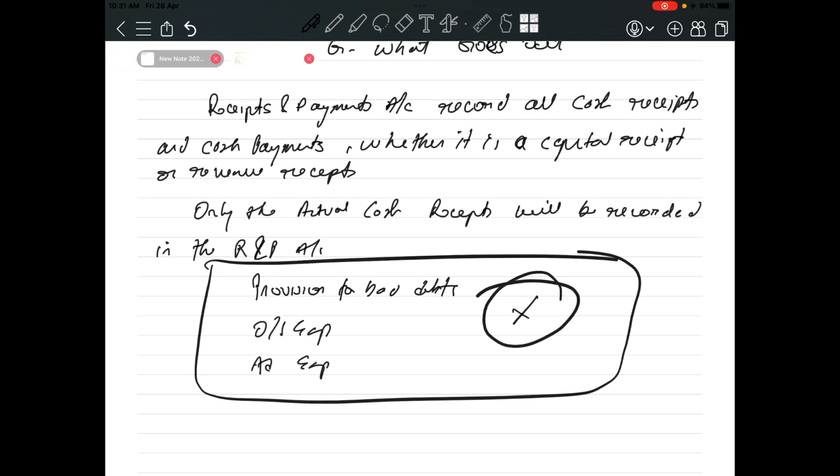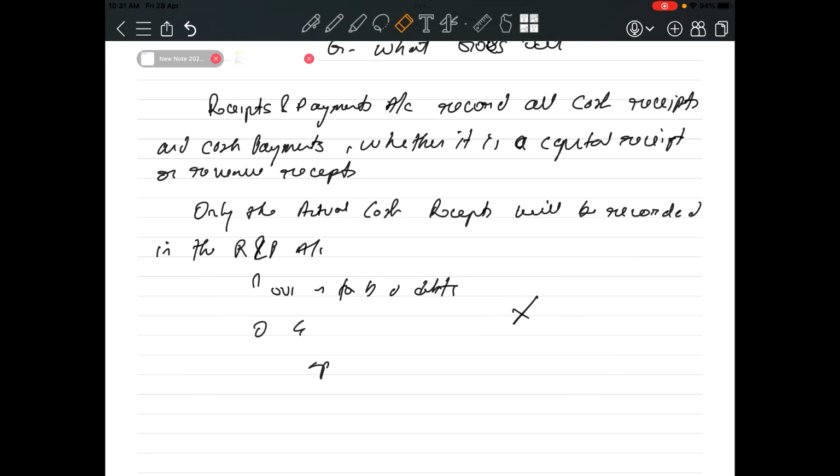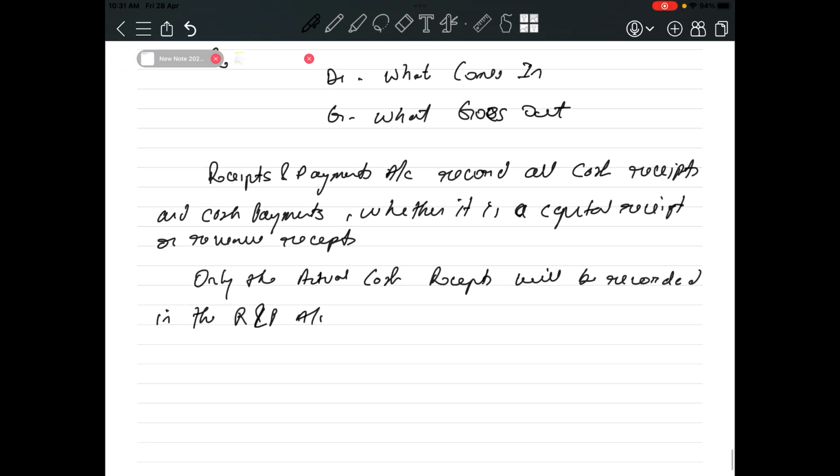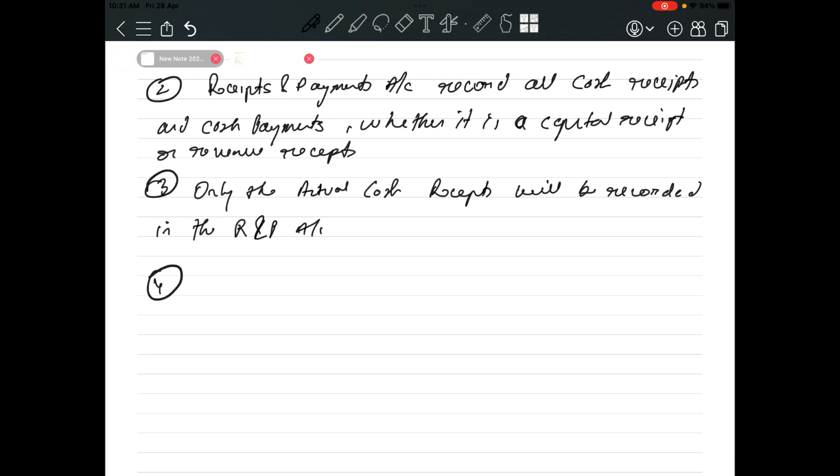Now write one more point. This is point number 1, this is point number 2, this is point number 3. Write point number 4 on receipt and payment account.